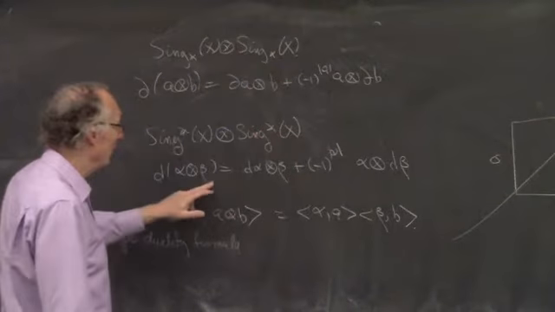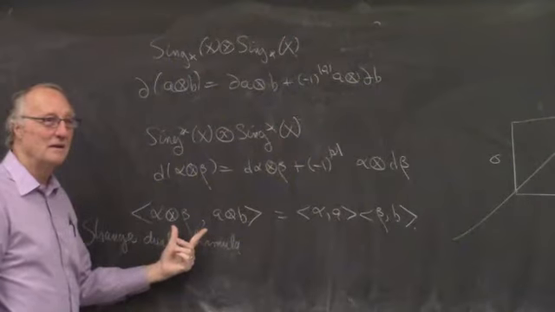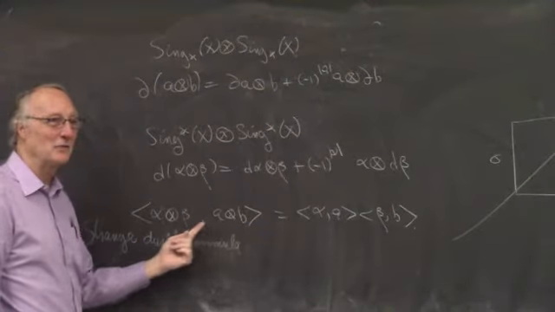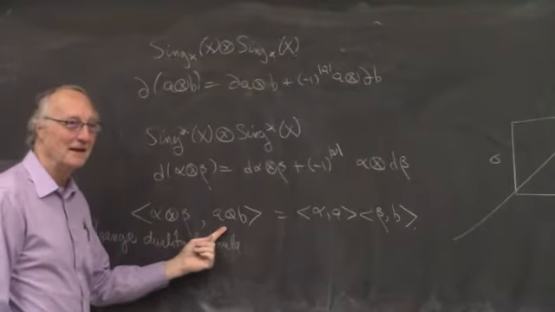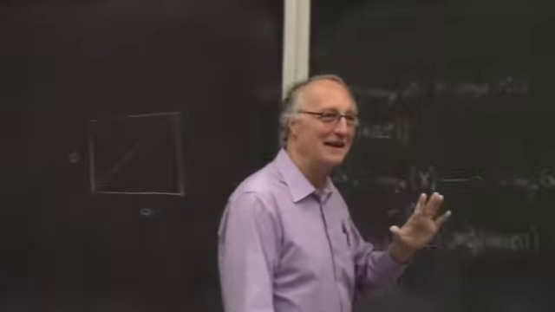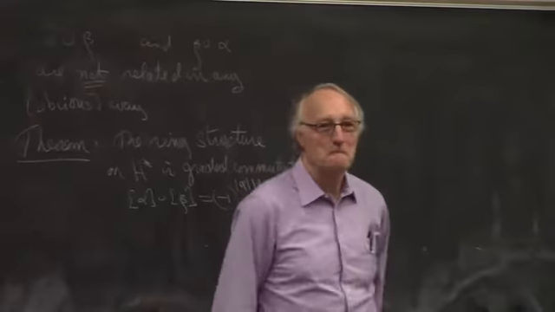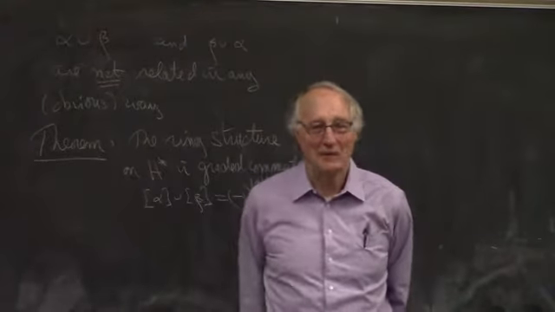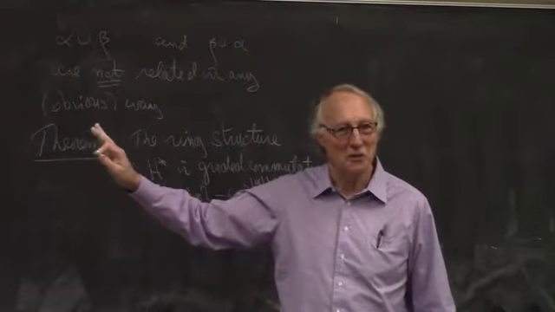The reason it's strange is it doesn't satisfy the causal sign. I'm moving a beta past an A, but I don't get minus 1 to the beta times A. Now, somebody who's versed in algebra can tell me why we screwed up here. Why this sign? I mean, mathematically it's fine, but it's a weird sign.